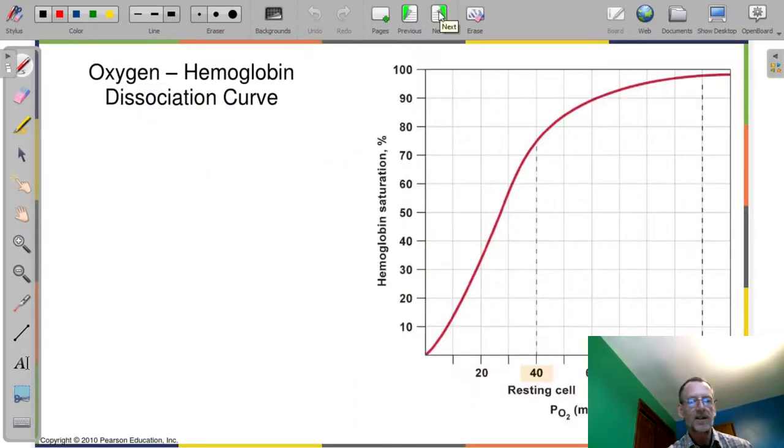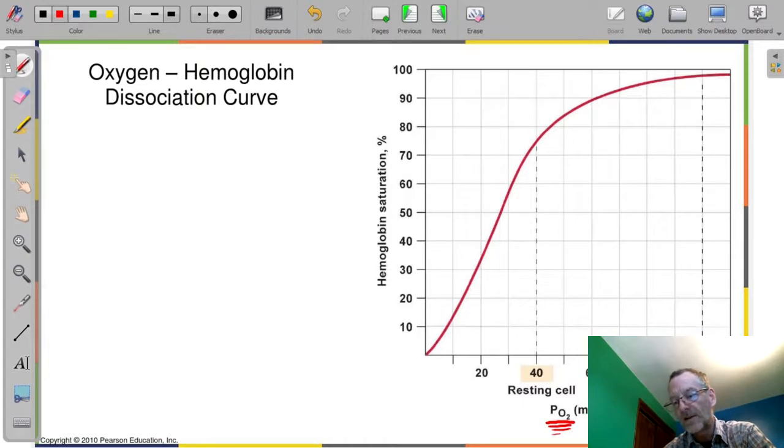A couple of things now to consider with oxygen is how readily it comes off of the hemoglobin. So this is just a standard curve that's constructed in the lab, but it shows the behavior of oxygen binding to hemoglobin. So across the horizontal axis is blood at different partial pressures.